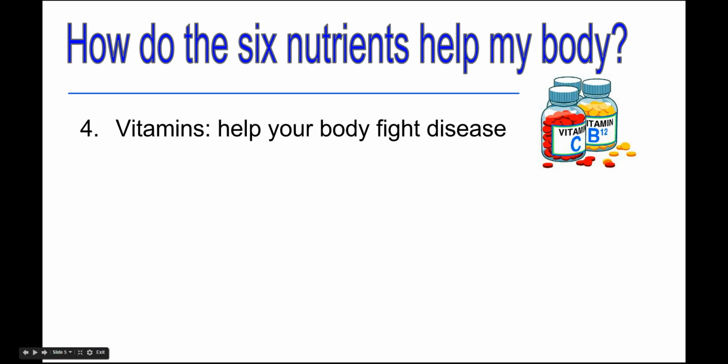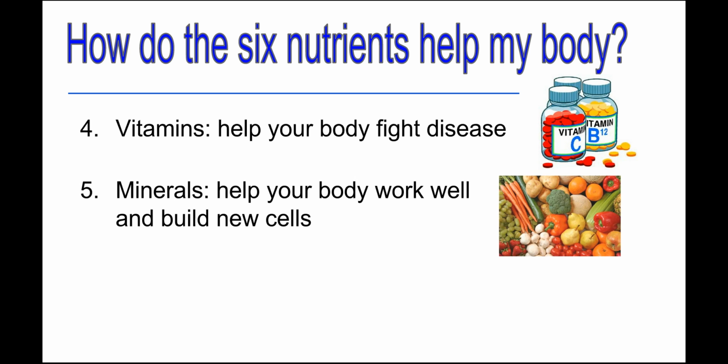The next nutrient, vitamins, helps your body fight diseases. They also help your body system function properly and efficiently. Examples are vitamins B12 and C. The fifth nutrient, minerals, help your body work well and build new cells. Minerals can come from many different types of foods, including vegetables.